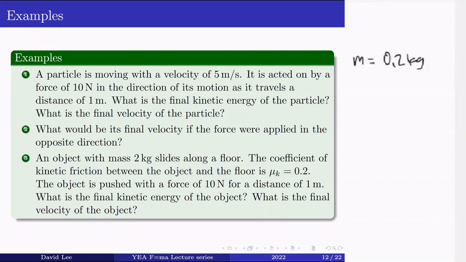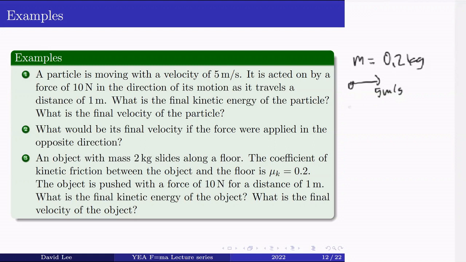All right. So it's been a while. I will first go over number one and explain a bit more on how to do this. First of all, we have a particle here, and it's moving with a velocity of 5 meters per second. So what's its initial kinetic energy?